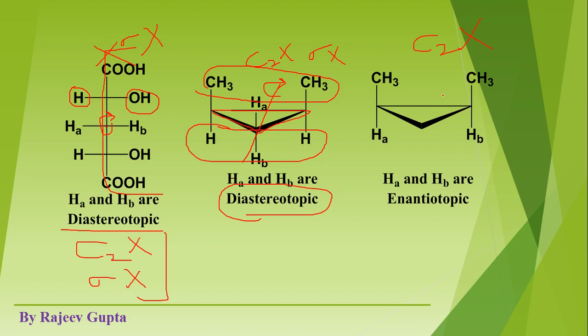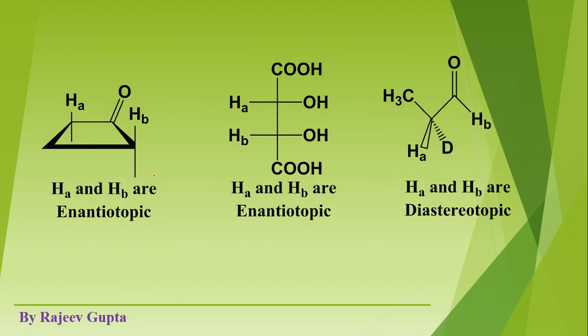Now check plane of symmetry, where these both homotopic ligands should form mirror images of each other. So this plane of symmetry, see, this half part of this molecule is just a mirror image or reflection of this second part. So here a plane of symmetry exists. So obviously these both hydrogen atoms are enantiotopic because a plane of symmetry exists.